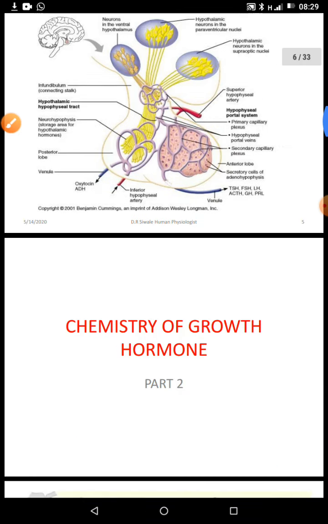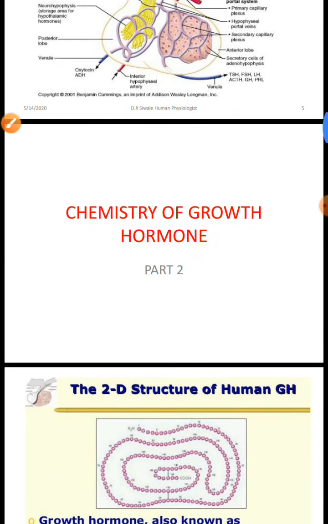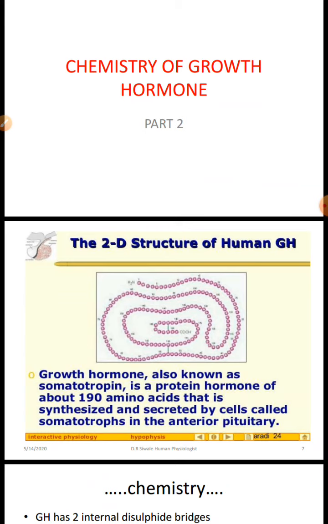Now the chemistry of growth hormone. Growth hormone is synthesized in the somatotropes of the anterior lobe of the pituitary, and it is also called somatotropin or somatotropic hormone. Not somatostatin. Don't confuse it with somatostatin. Growth hormone is called somatotropin.